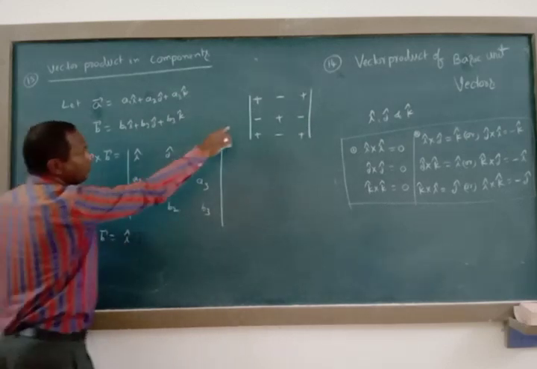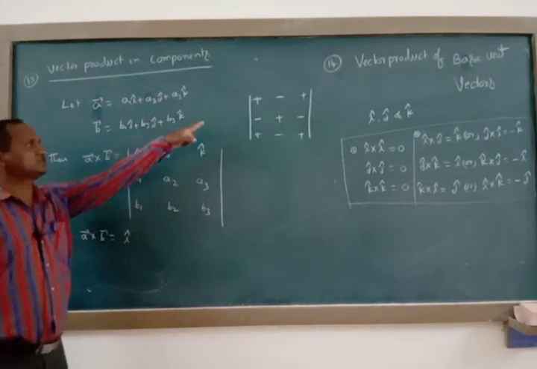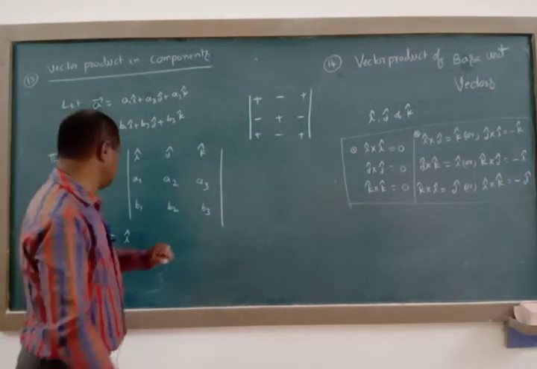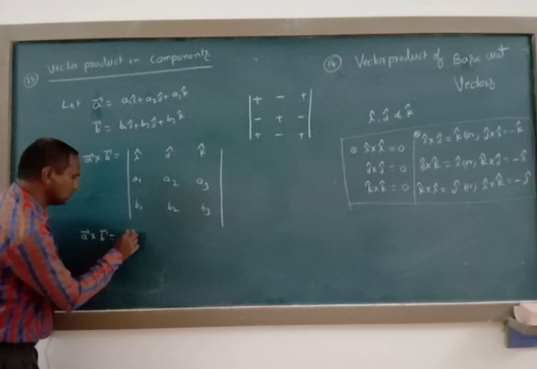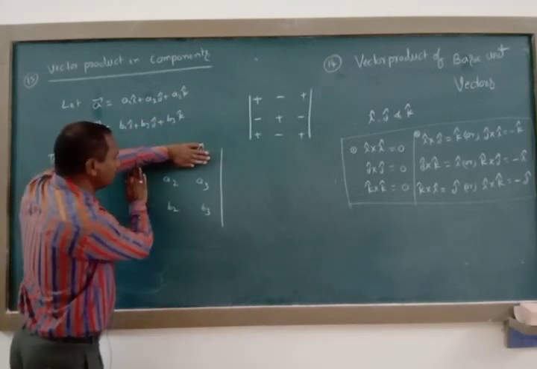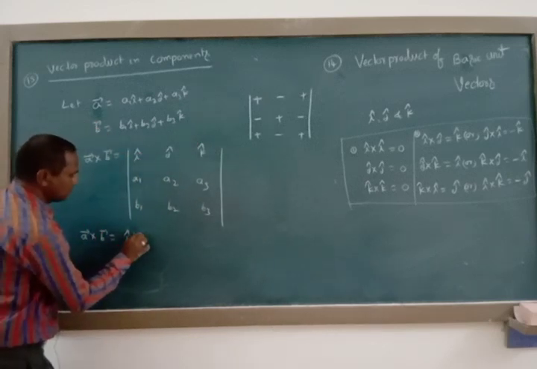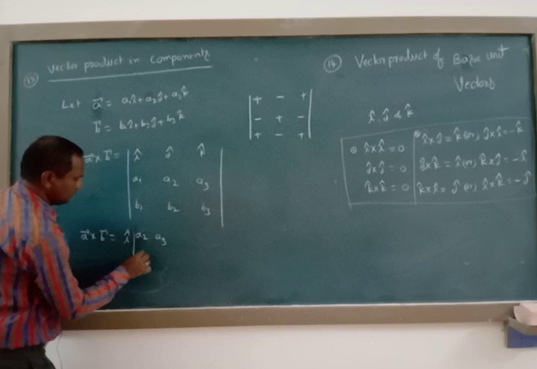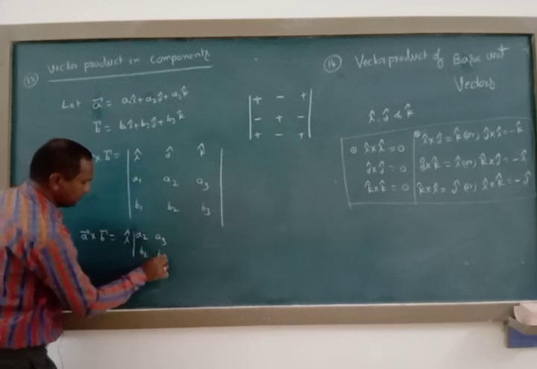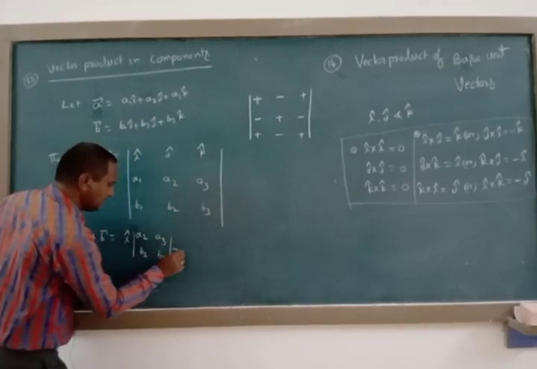The first symbol is, if you want to move with respect to the first row, you must take those symbols plus minus plus. Plus i cap into deleting row and deleting column, you are seeing 4 elements. Write down here a2, a3, b2, b3.